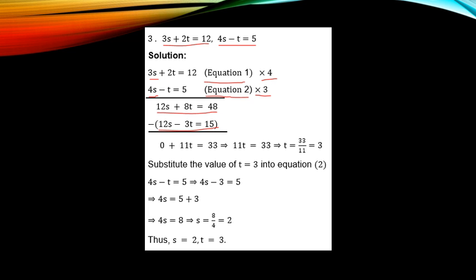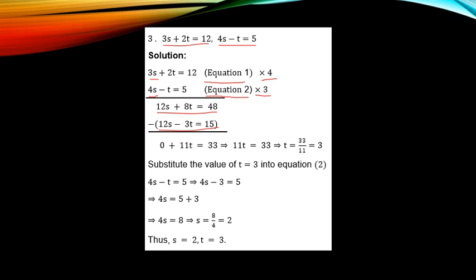The next thing is to check again. Are you to add or subtract? The signs for 12s is positive in both equations. When the signs are the same, you subtract so that variable s can be eliminated.